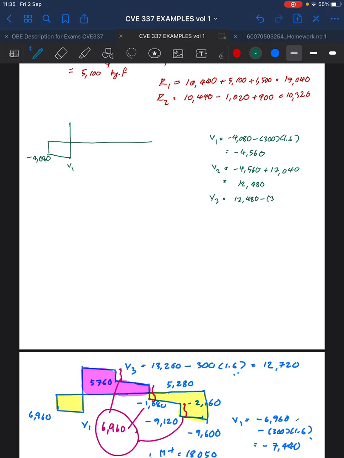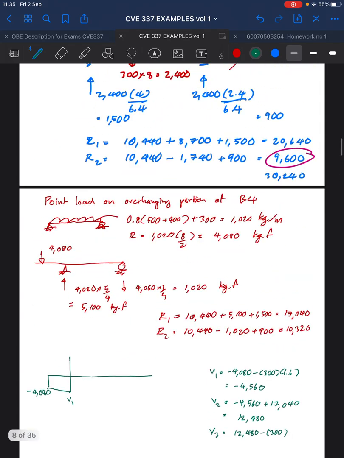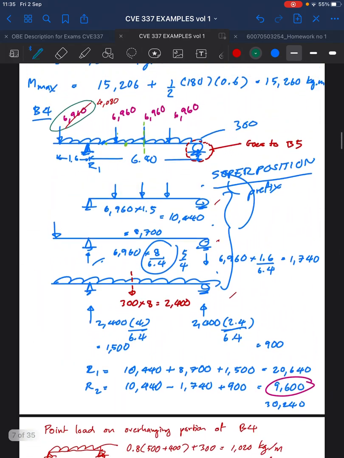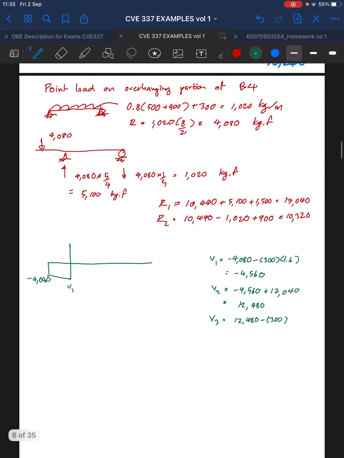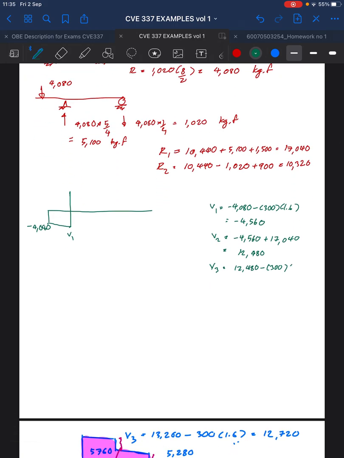Minus 300 multiplied by another 1.6. We have all of 1.6, yeah, I think so. Okay, and that is minus 300 multiplied by 1.6. So it's exactly 12,000.